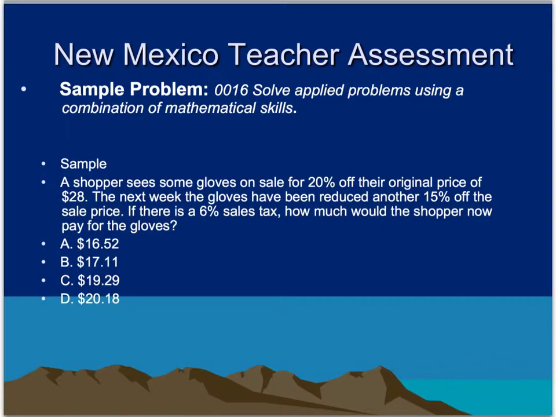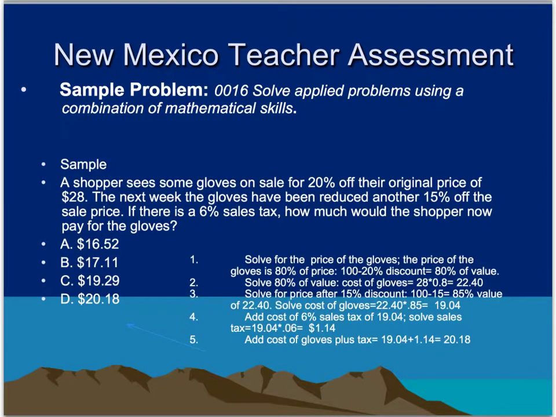Topic 6. You need to solve applied problems using a combination of mathematical skills. Please take a few moments to read the sample. This is a multi-step problem. You need to solve for the price of gloves with a 20% discount.